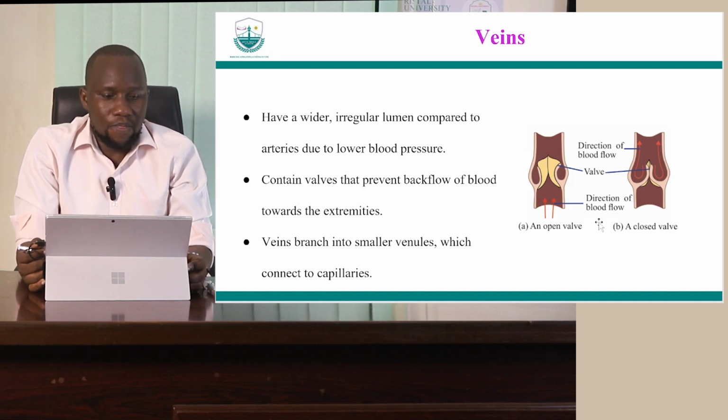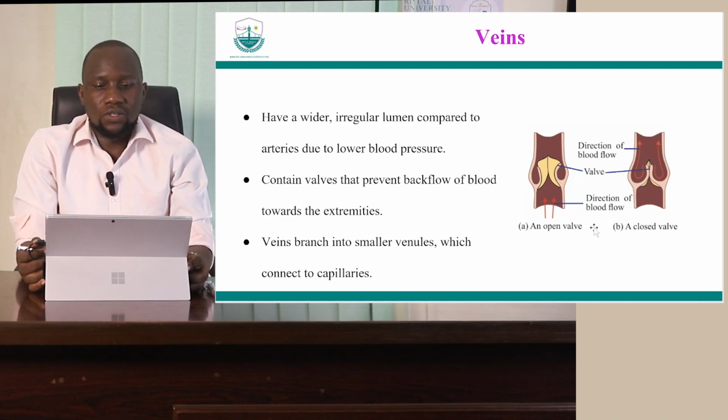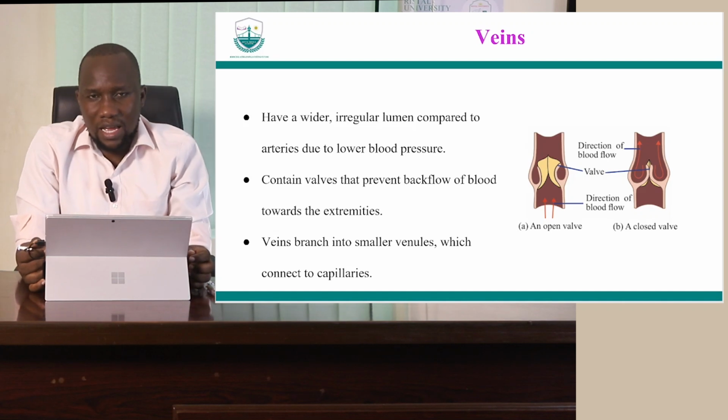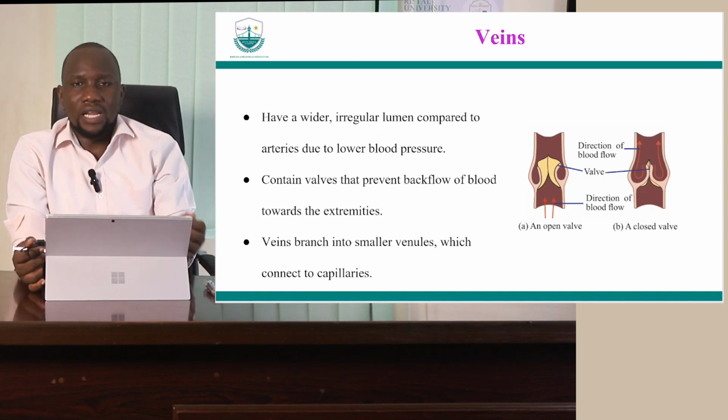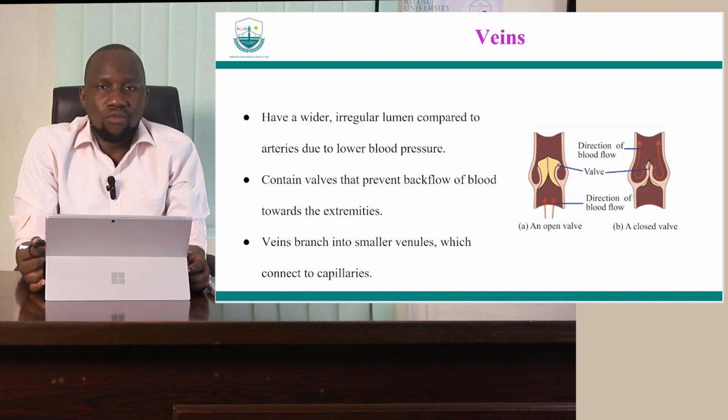This is probably why arteries don't have valves: the blood is moving at higher pressure, and it is not likely that you will have a backflow. But for veins, the blood does not move at higher pressure, and therefore there is need to have valves that ensure that there is no backflow of blood.